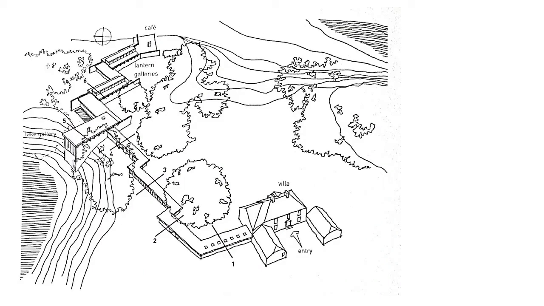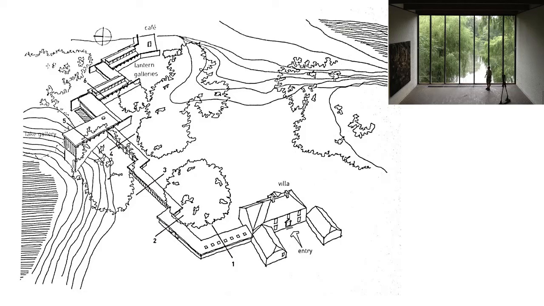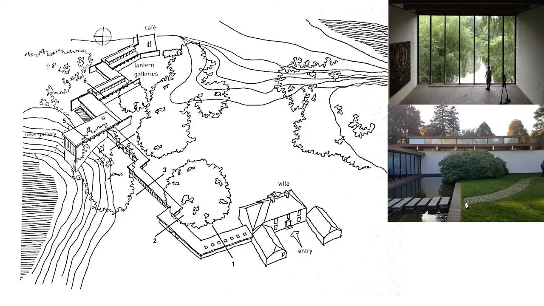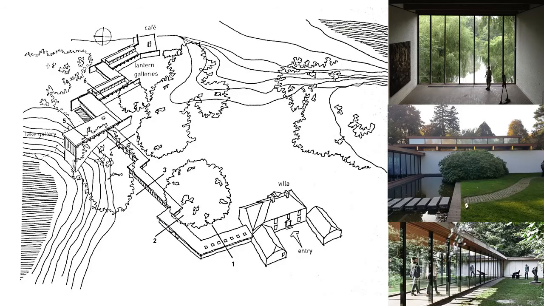Buildings can also be linear in form, particularly when they consist of repetitive spaces organized along a circulation path. As illustrated here in the Louisiana Museum of Modern Art in Denmark, linear building forms have the ability to enclose exterior spaces as well as adapt to the environmental conditions of a site.